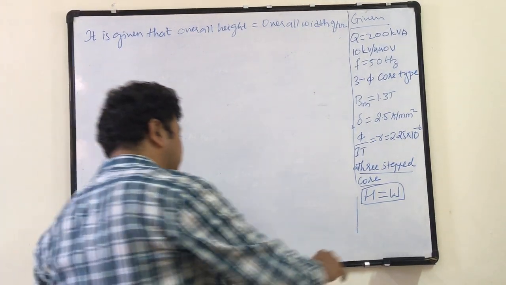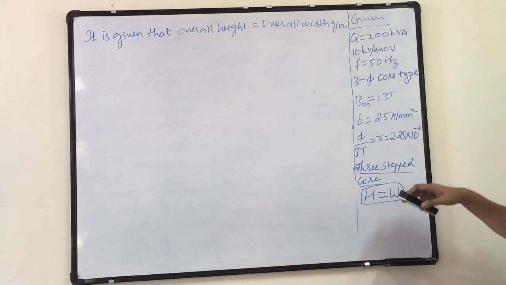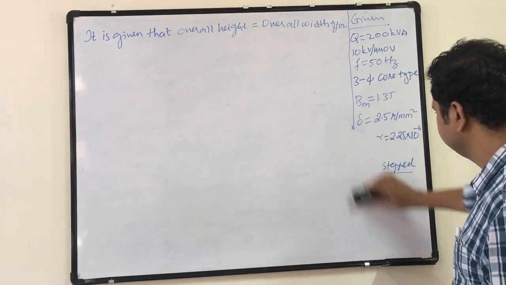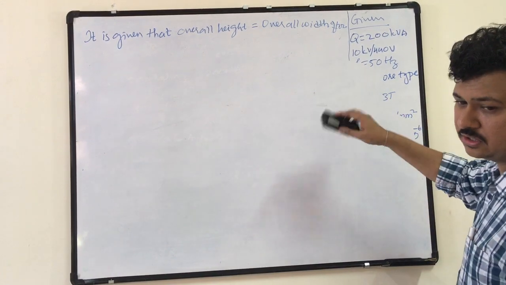What I will do is rub off the given things, because whatever I had to calculate using this data, I have done already. I want some space to draw the three-phase transformer.